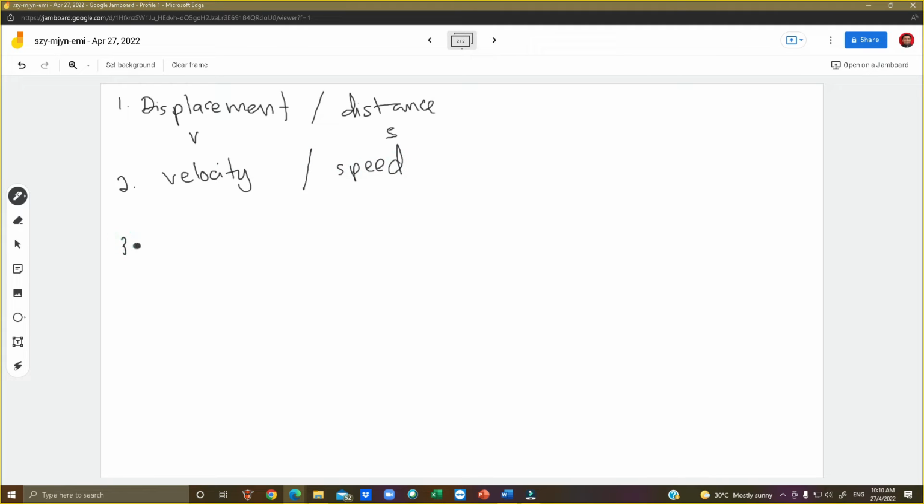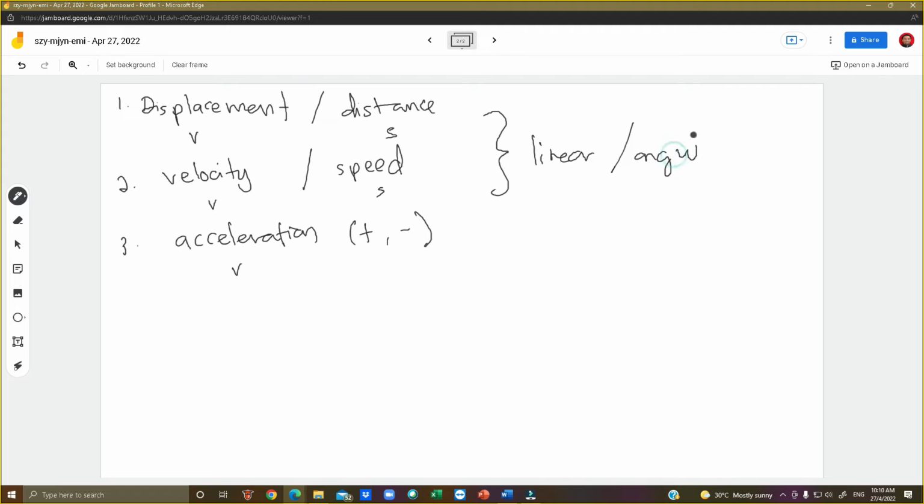And number 3 is acceleration. Enggak ada partner. Dia ni memang vektor semata, because acceleration has positive and negative, means it has direction. So when the thing we can describe has magnitude and direction, that is vector. Okay, so kita akan bincang 3 benda ni je. These 3 things we are going to discuss in form of linear and in form of angular.